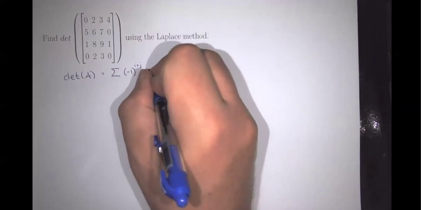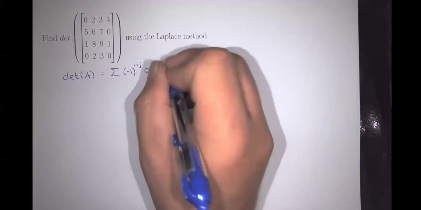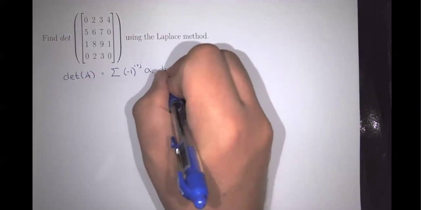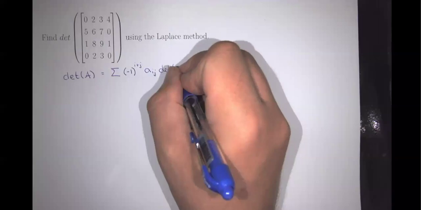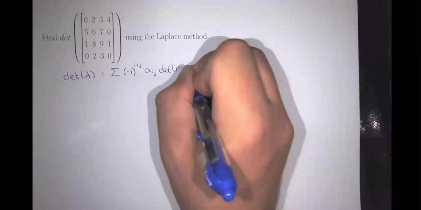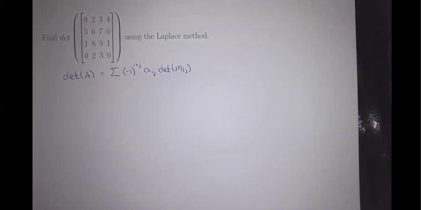So just to recap, the determinant of a matrix A is the sum of -1 to the i plus j times a_ij times the determinant of M_ij, where this sum either goes down a column or across a row.